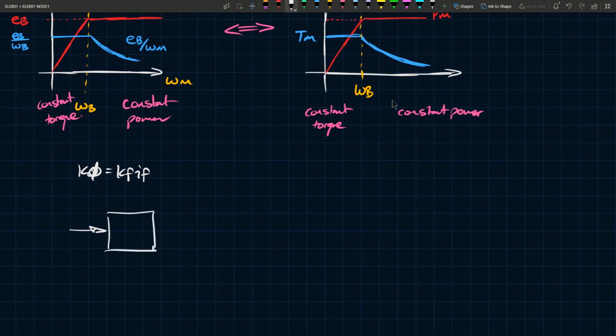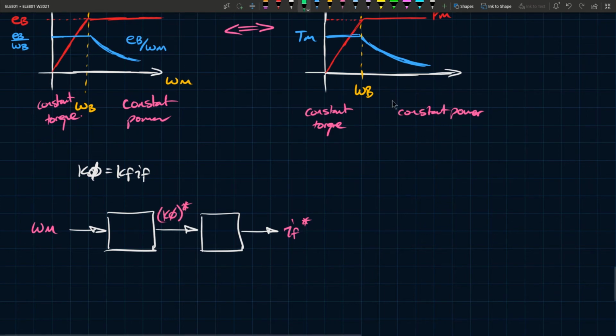So if you have this block, you have another block, and let's say this is your IF reference, and this would be your mechanical speed, or your machine speed. This would be the reference for kφ. This would be your magnetization curve, we can call it the mag curve.